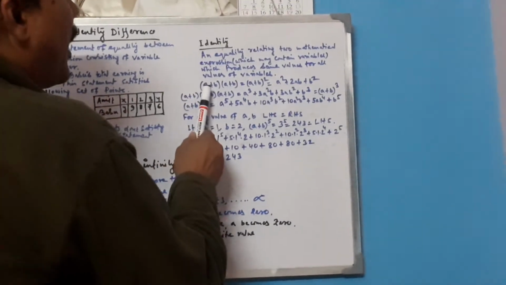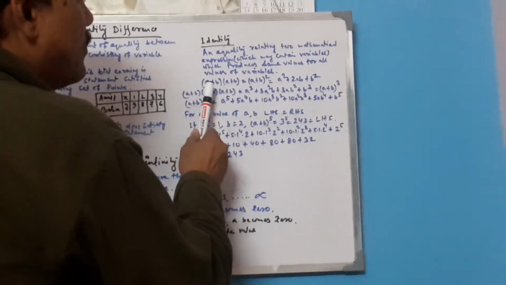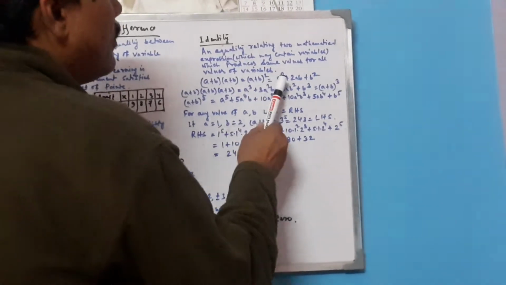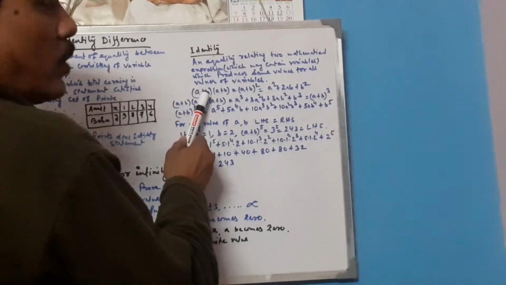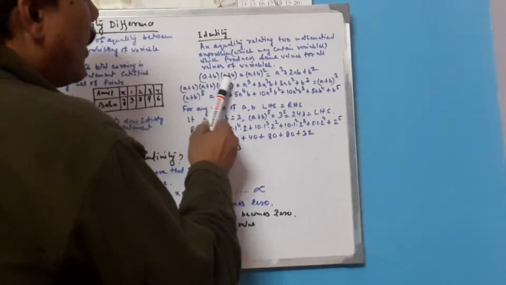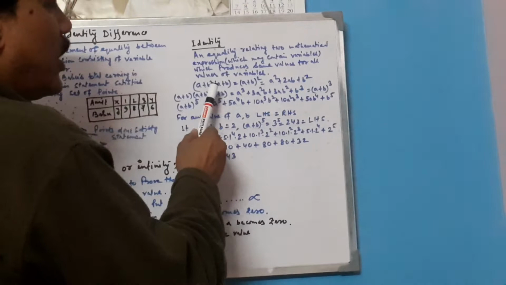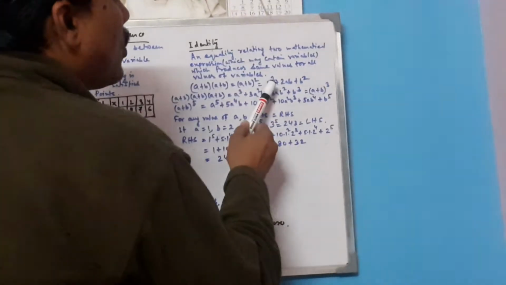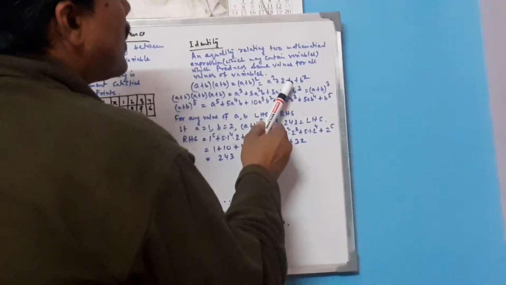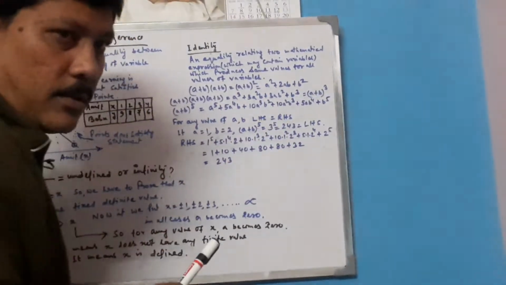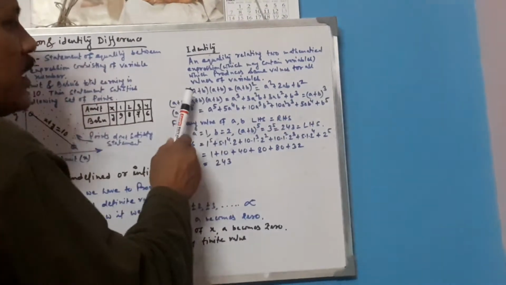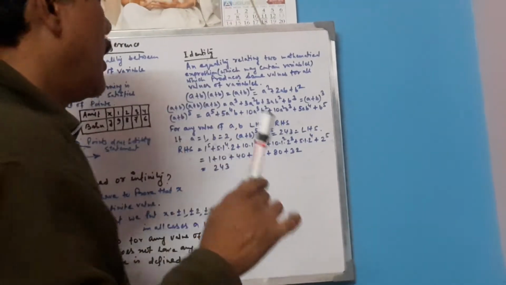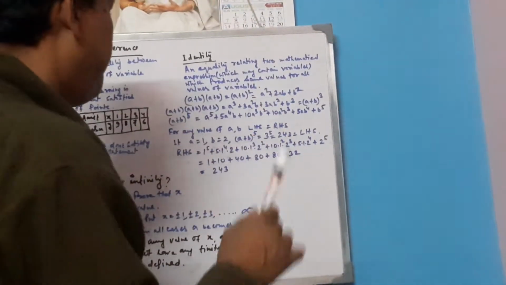Suppose if we multiply a plus b two times, then a plus b whole square becomes a square plus 2ab plus b square. If we put a equal to 1, b equal to 5, then the left hand side becomes 5 plus 1 squared, means 36, and the right hand side becomes 1 plus 10 plus 25, means 36. Like this, for any values of a and b, the left hand side will always be equal to the right hand side.